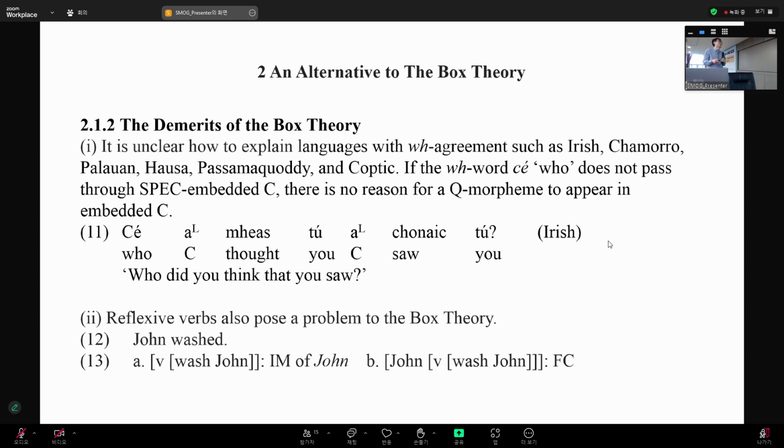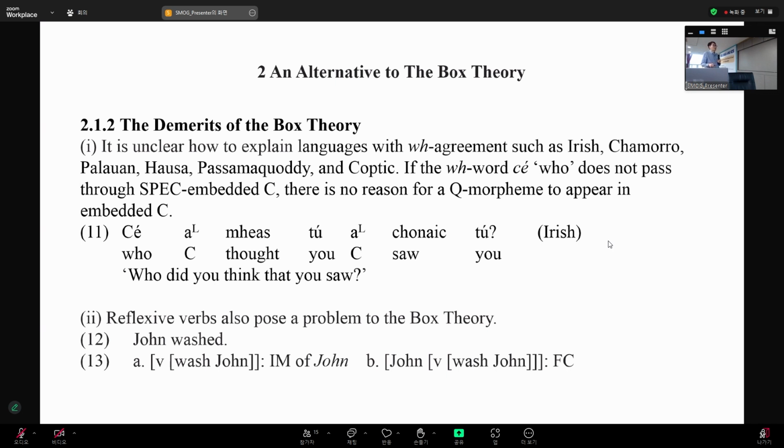So the chain-to-box theory can deal with this phenomenon. But there are some demerits of the box theory. First, it's unclear how to explain languages with wh-agreement, such as Irish, Chamorro, and so on. In Irish, not only the matrix C, but also the embedded C has a morphology. Without successive cyclic movement like this, how can you capture this phenomenon?